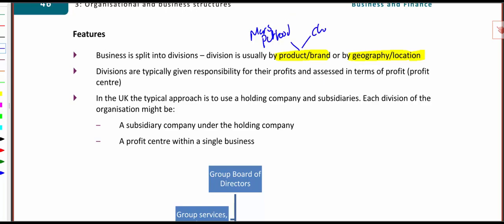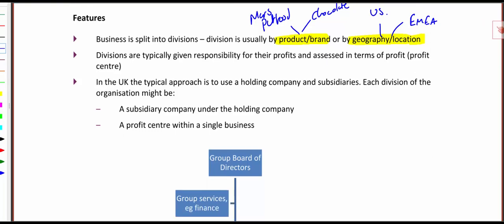And then obviously they have a chocolate division too. Geography and location, as I said, might be maybe a US office and an EMEA office. Typically given responsibility for their profits, so that's how they're assessed in terms of performance.